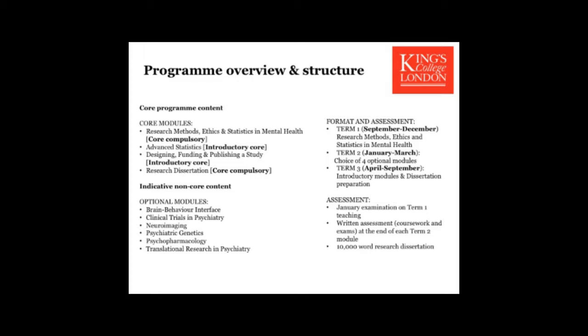The optional modules are listed below, and as you see, we have a really interesting range of topics that we cover. Again, you'll have an opportunity to hear directly from the module leaders of the neuroimaging as well as the psychopharmacology. But if you'd like to meet or have a chat with any of the other module leaders, you're welcome to send me an email, and I'll be happy to put you in touch.